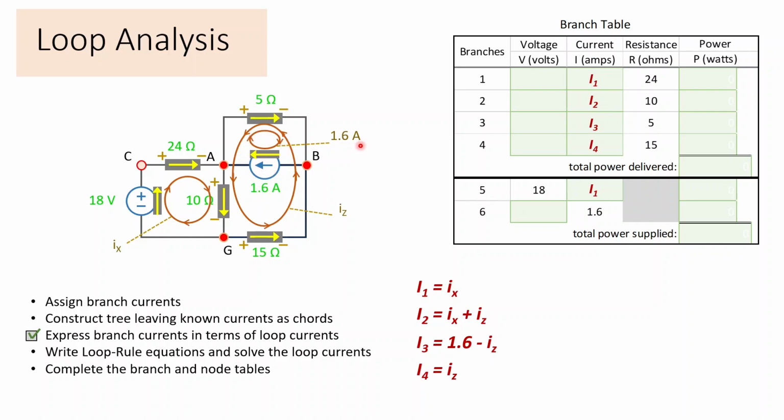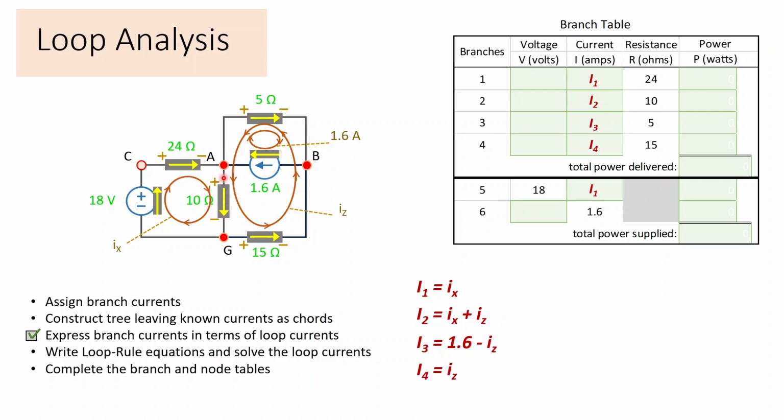That's a known loop. In any case, we want to express the branch currents in terms of these loop currents. So again, I1 is Ix, same as we've seen earlier. However, I2, the current in the 10 ohms, because I have a different direction for Z, it's Ix plus Iz.